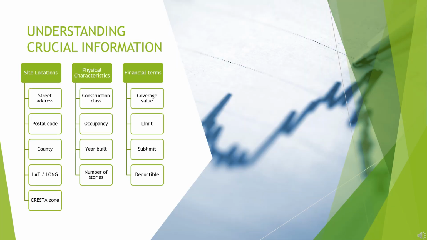Let's deep dive into these three categories and understand what information comes under which header. First is information of the site locations, referred to as geocoding data, like street address, postal code, latitude and longitude, county or CRESTA zones, etc. Second is information on the physical characteristics of the exposures like construction class, occupancy, year built, number of stories, etc., and the consequential loss parameters like business interruption, i.e., disruption caused by damage to structure or location where a business operates, resulting in loss or reduction of income due to suspension of operation.